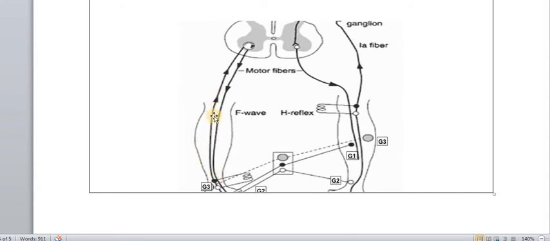NCV from this place to up then down is abnormal, which means this part is normal but there is some problem in this part. If the current takes only this route, it takes normal time, but if the current takes this route, it takes more time. This means there is a problem in this route.